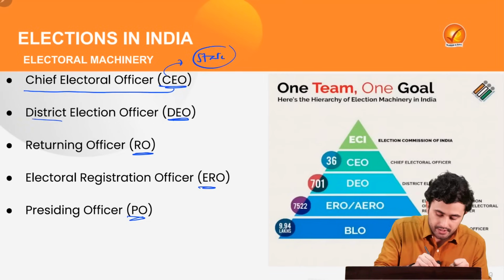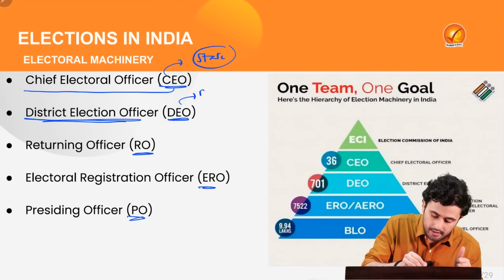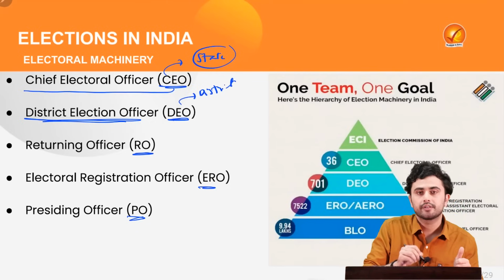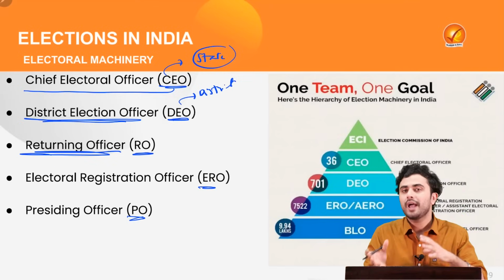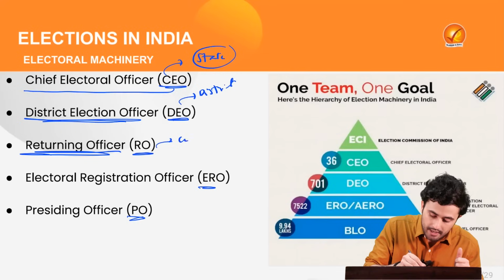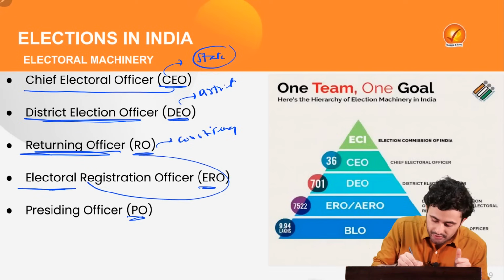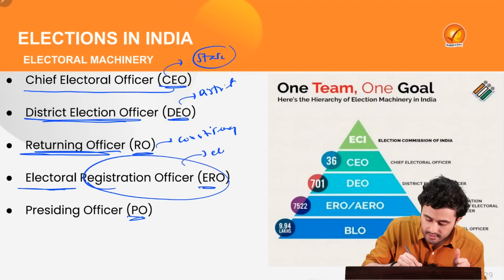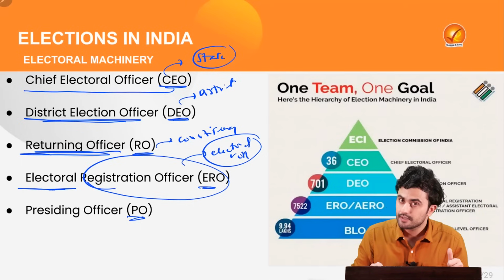Then comes the District Election Officer, who supervises the election in the particular district. Then there is a Returning Officer who has been given the responsibility to supervise the election in a particular constituency. And then there is an Electoral Registration Officer who is responsible for maintaining the electoral roll for the election which is going to take place.